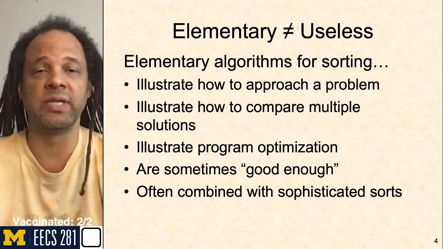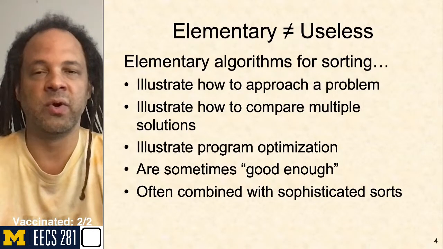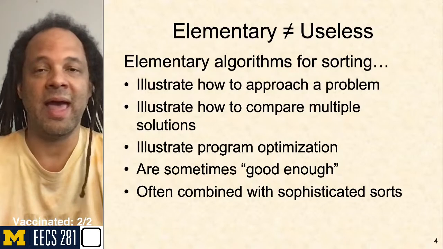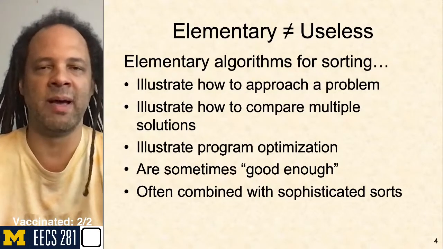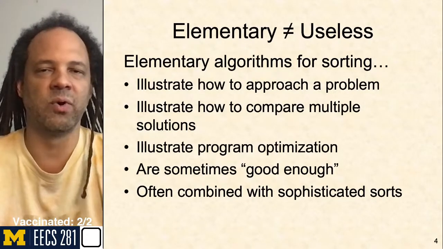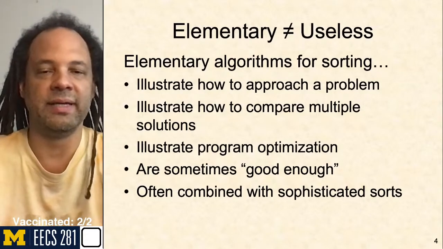Sometimes our elementary sorts are actually good enough, even though when we look at insertion sort, it's an n squared sort. The way that it gets implemented in computer programming actually makes it the fastest sort that there is for a small amount of data. So even though we've got more advanced sorts, when we've got a small amount of data, an insertion sort is actually a better idea.